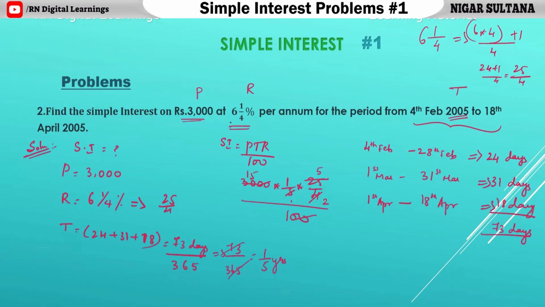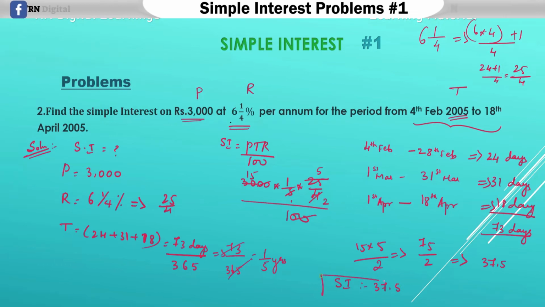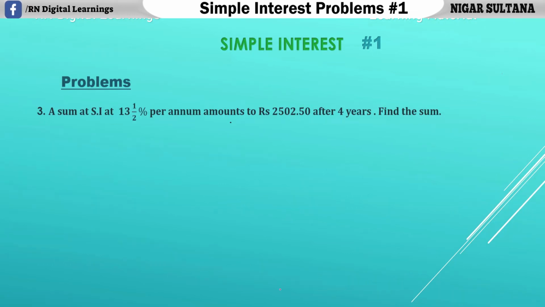Next, is anything else divisible? Yes, 15 into 5 divided by 2. What is 15 into 5? 75. 75 by 2 will give us 37.5. So what is the final simple interest? 37.5 is our answer.